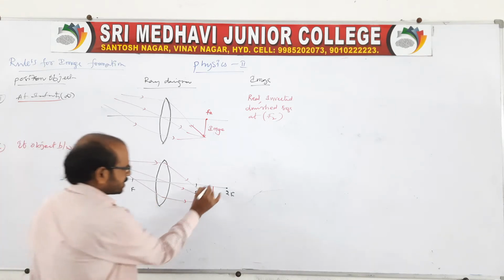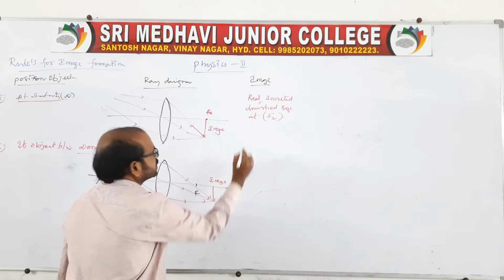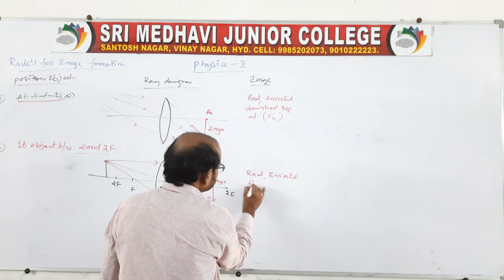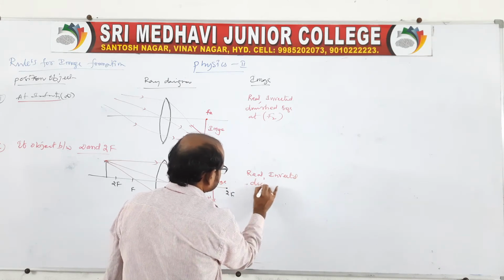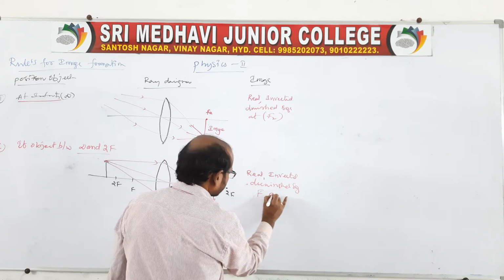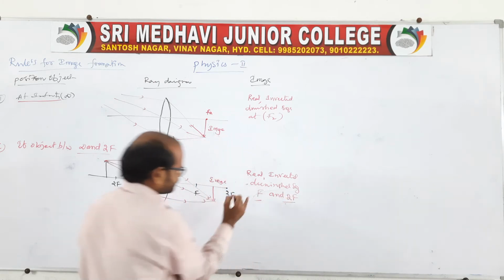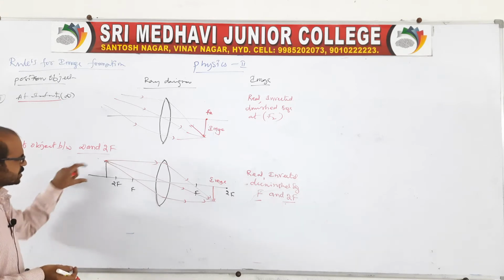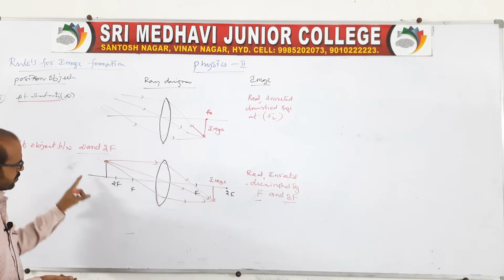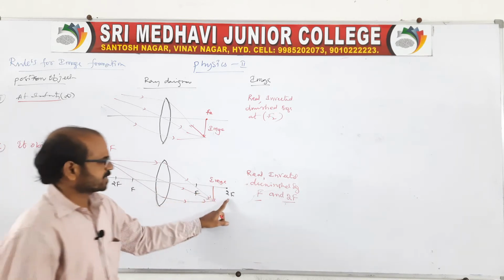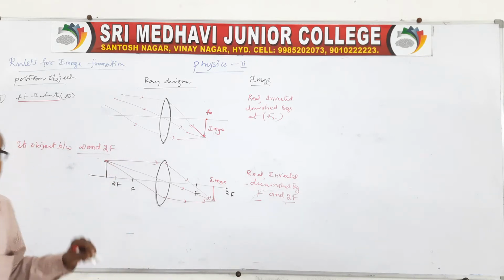Here you say this is the image position, and it is real, inverted, diminished in size, and between f and 2f. It is the second position. Now if the object position changes from infinite to 2f, then the image will form at 2f. Again it is real, inverted, and the same size.